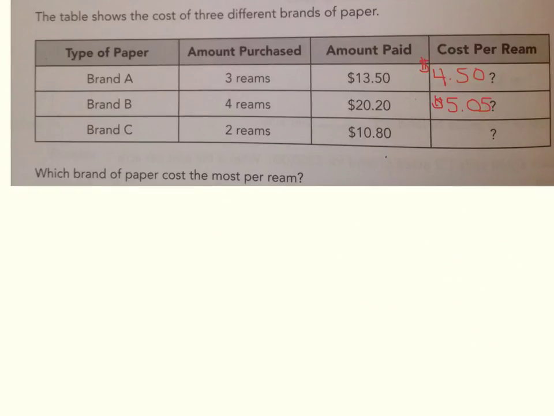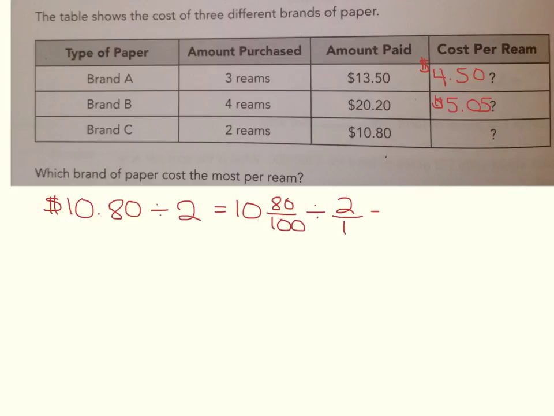Okay, so now we need to find out how much we end up paying per ream for brand C. So it says 2 reams cost $10.80. So you always take the total of how much you paid, which is $10.80, and you divide it by how much you bought. So $10.80 is 10 and 80 over 100, divided by 2/1. We need to turn it into an improper fraction. So 10 times 100 is 1,000, plus 80 is 1,080 over 100.